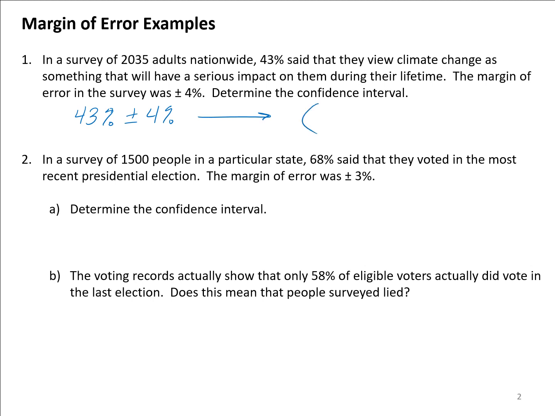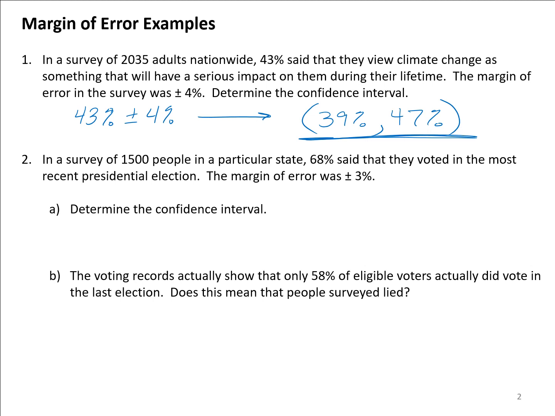Generally, we start with the subtraction because that gives us the low number. So 43% minus 4% would be 39%. 43 plus 4% would give us the upper bound, which would be 47%. So the idea here is that it's likely that the true percentage of adults who view climate change as something that will have a serious impact on them is somewhere between 39 and 47%.